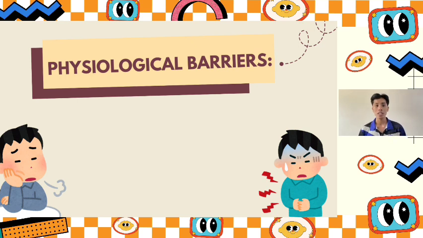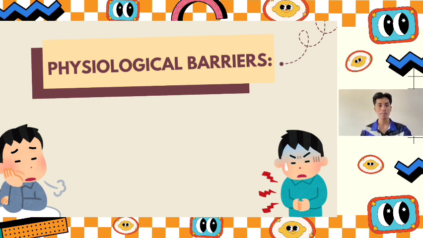Another example is fatigue. Fatigue significantly reduces concentration and the ability to focus on auditory information. A tired listener is more likely to miss details or misunderstand the message. Next example is discomfort. So physical discomfort such as being too hot, too cold, or in pain can distract the listener and make it difficult to concentrate on the speaker.